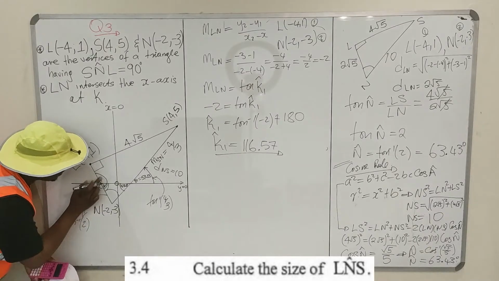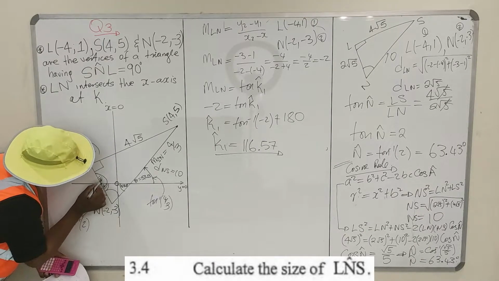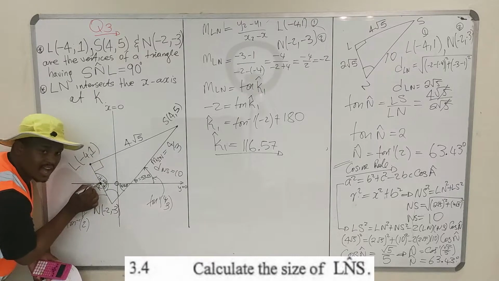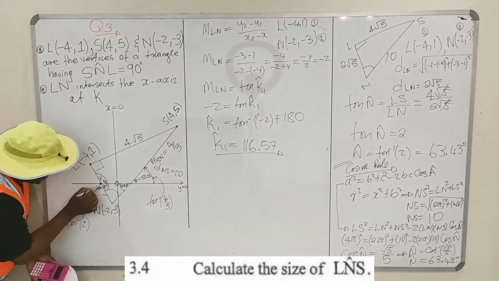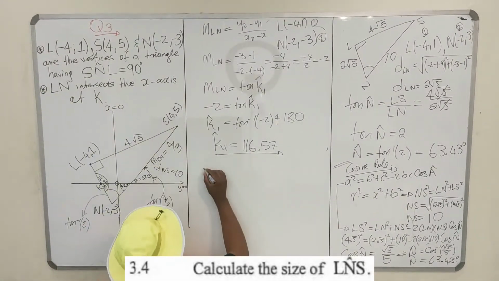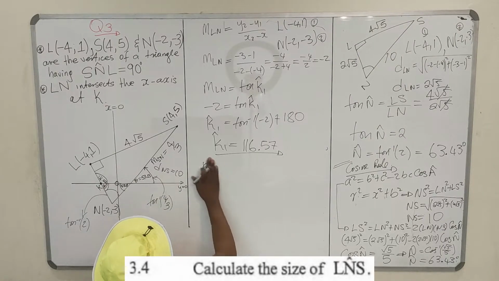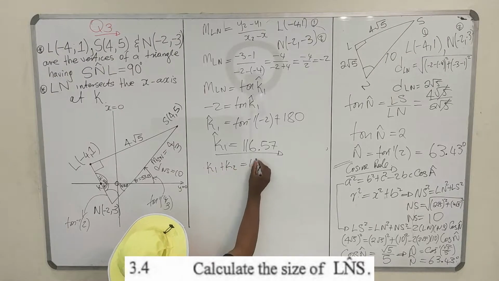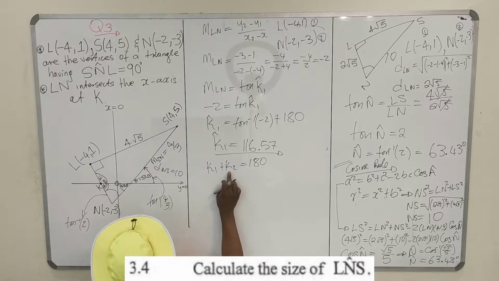So you know that this angle here is 116.57. You know these two angles are supplementary angles in a straight line, right? So which means this angle K2, this angle here. So you know that K1 plus K2 give you 180, angles in a straight line. So you know what K1 is.